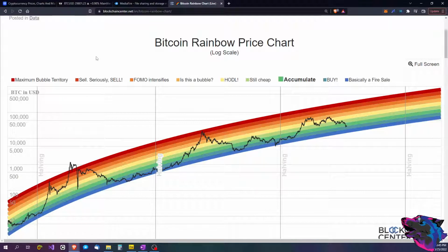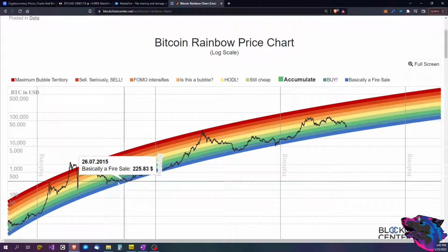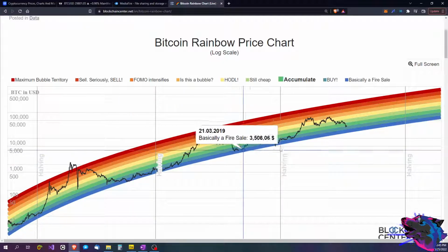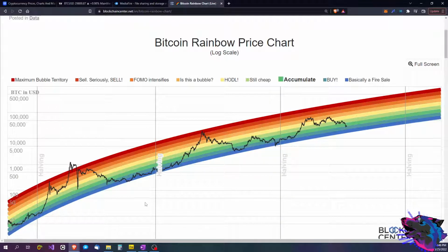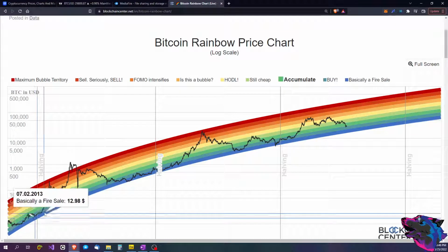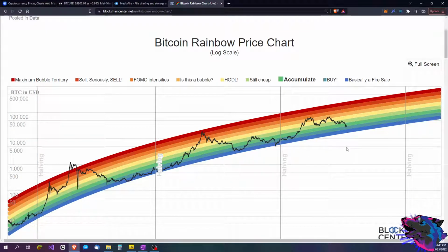But looking back through history, every time we are in that blue zone, COVID dipped a little bit below, but then you're pushing your luck trying to buy the absolute bottom, trying to catch the falling knife, if you will. But every time we are in that blue band, it has historically been the bottom of that logarithmic curve. So keep an eye on this.